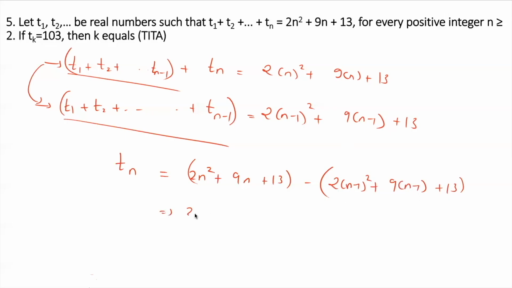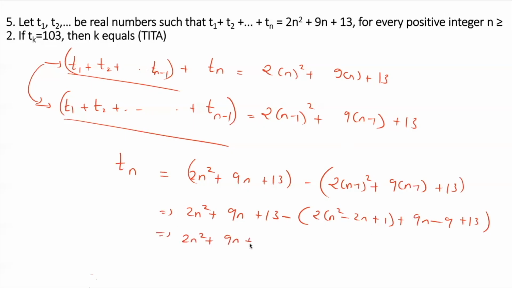This will basically give us 2n square plus 9n plus 13 minus, this is 2 into n square minus 2n plus 1 plus 9n minus 9 plus 13. Okay, again writing 2n square plus 9n plus 13 as it is, minus 2n square, 2 into 2 is 4 with a plus sign, minus 2, minus 9n plus 9 minus 13.